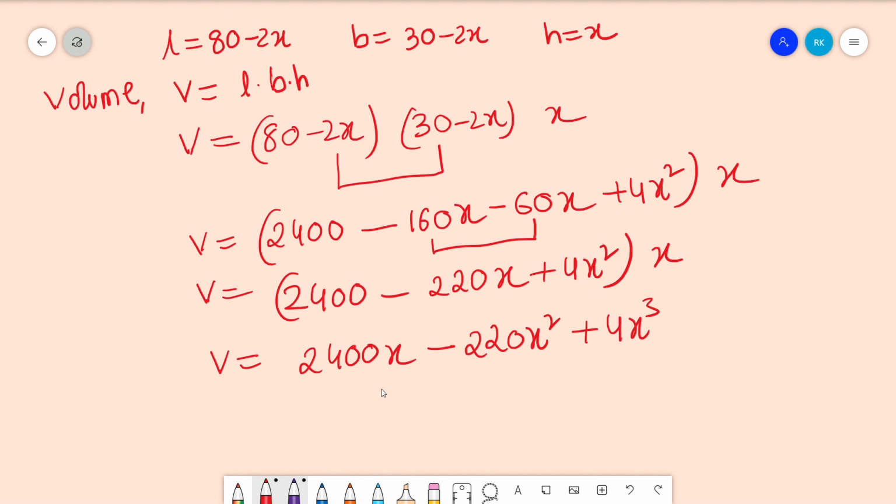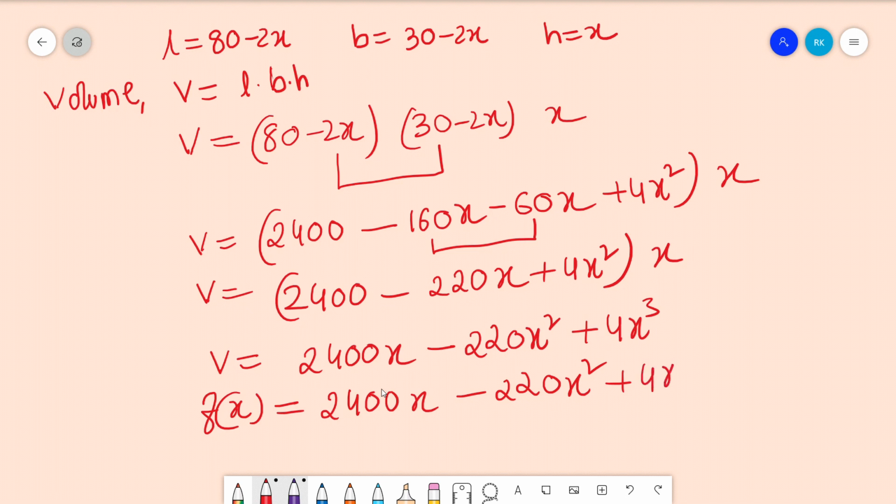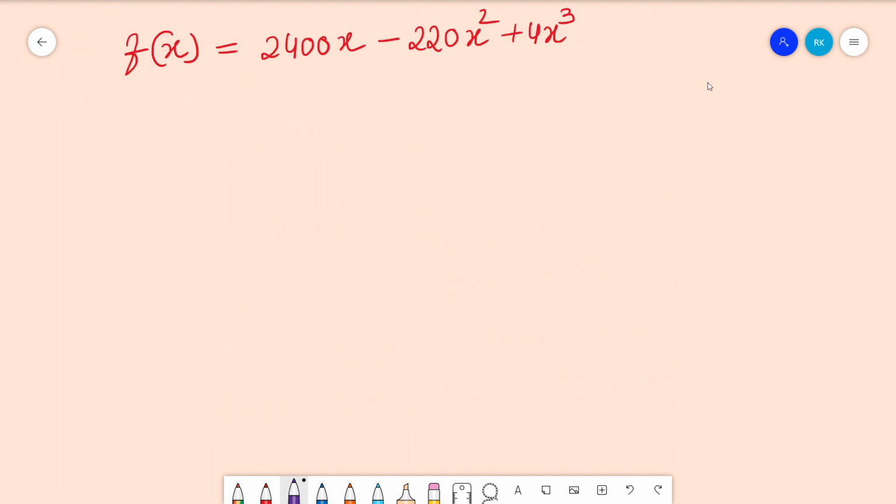We can take this expression of this volume as f of x. So our function will be 2400x minus 220x square plus 4x cube. So this is the function we got. We can complete the problem from here on in few steps.